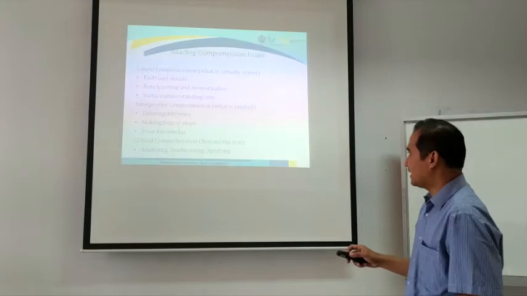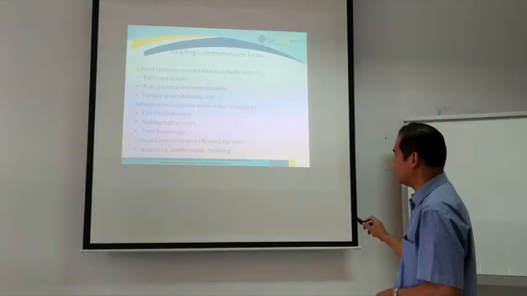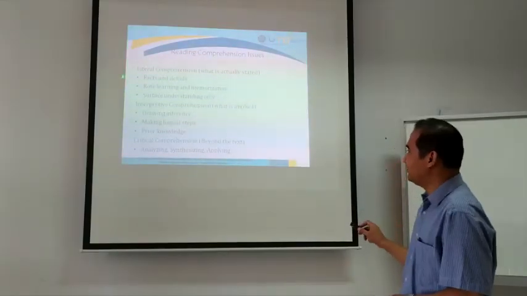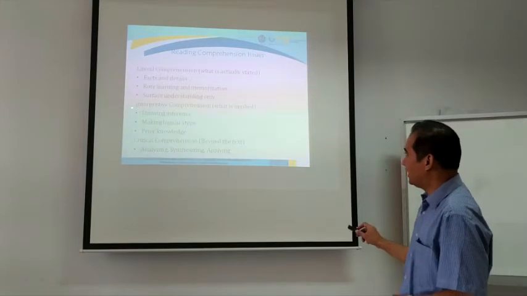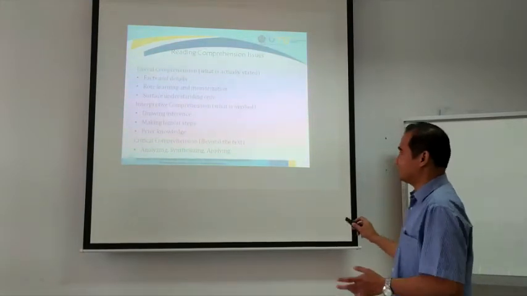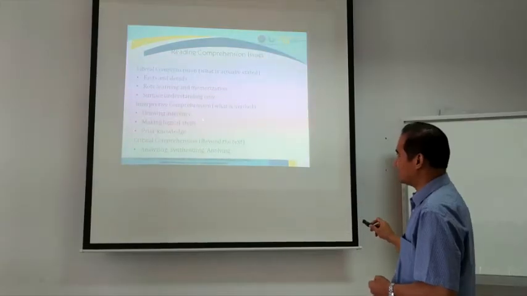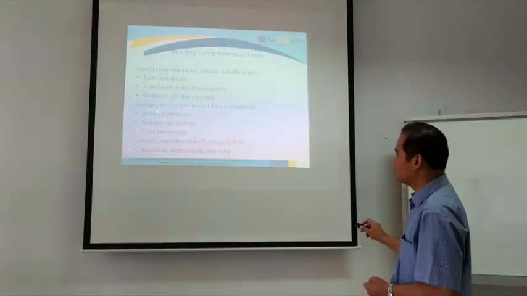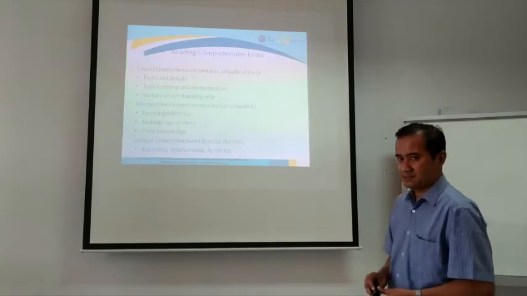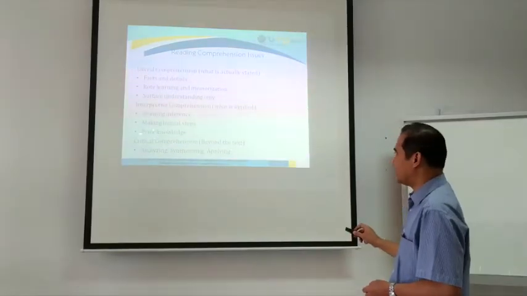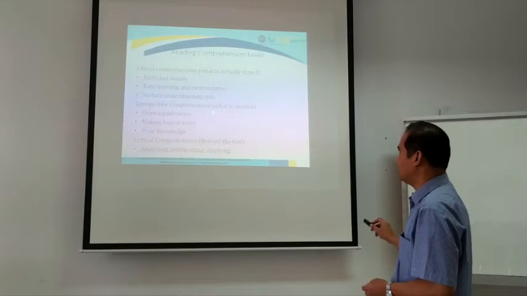Now we try to see interpretive comprehension, or what is implied. It is different from literal comprehension, where interpretive comprehension is aimed at drawing inferences. So the information is not stated in the text, but the student has to make logical steps. And the student should use their prior knowledge to find what is implied from the text.